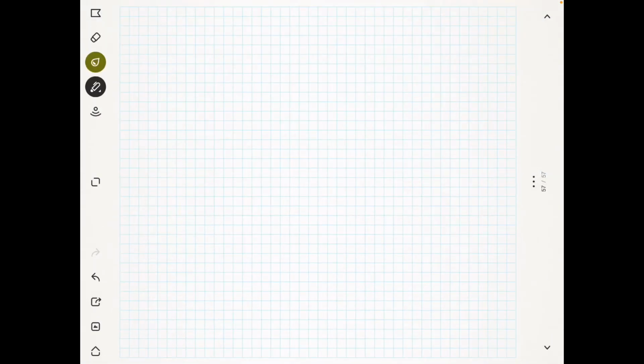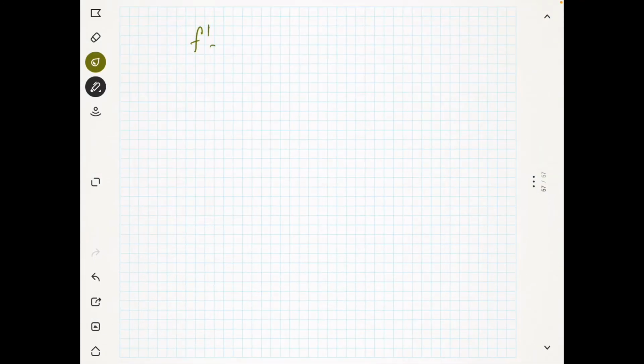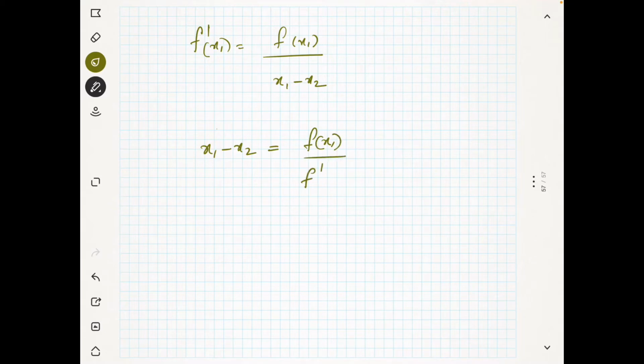Now you know what is the equation for f dash of x1. So f dash of x1 is equal to f of x1 minus 0, that means f of x1 divided by x1 minus x2. So I can write my x1 minus x2 as f of x1 divided by f dash of x1. Okay.